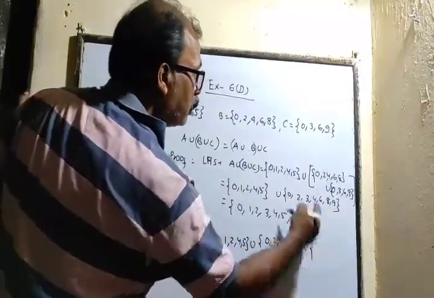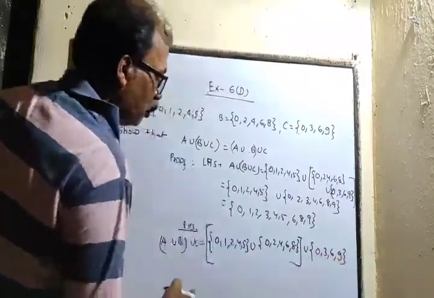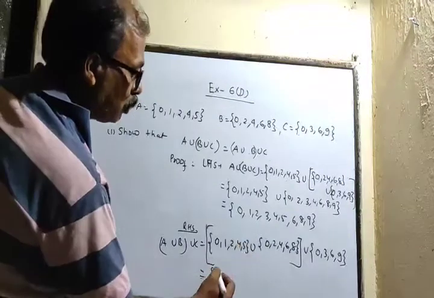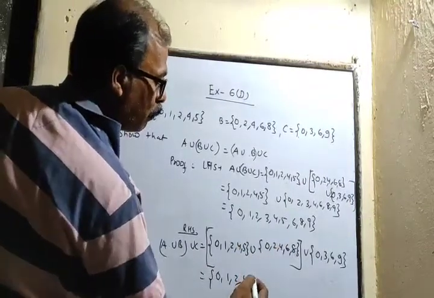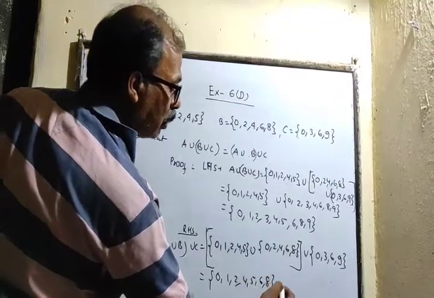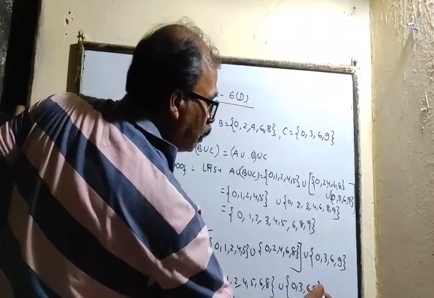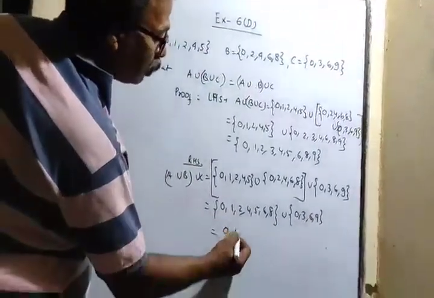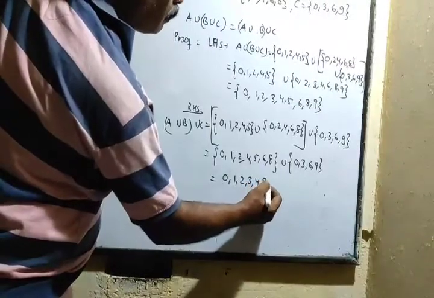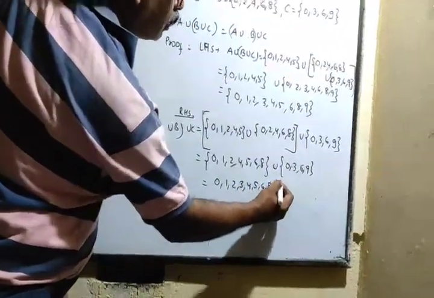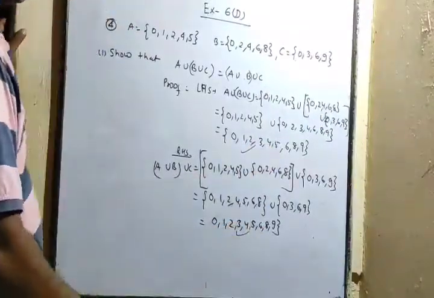And union C, which is {0, 3, 6, 9}. When we find the union of this, it will be 0, 1, 2, 3, 4, 5, 6, 8 and 9.